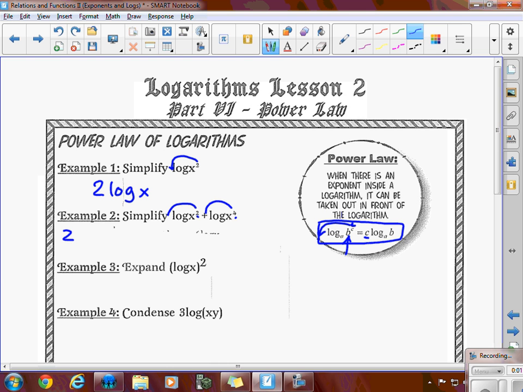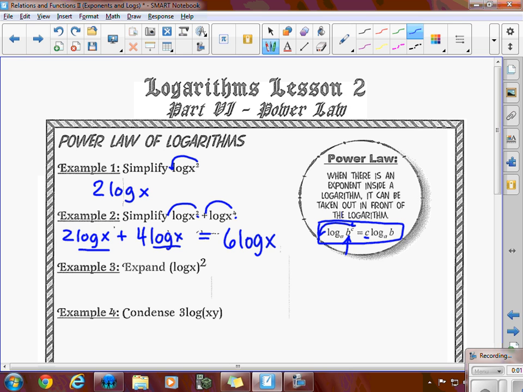So we'd have 2 log x plus 4 log x. The tendency would be to leave this as it is right now, but if you examine it closer, they're basically just like terms. We have 2 log x's plus 4 log x's. We should simplify that to be 6 log x.